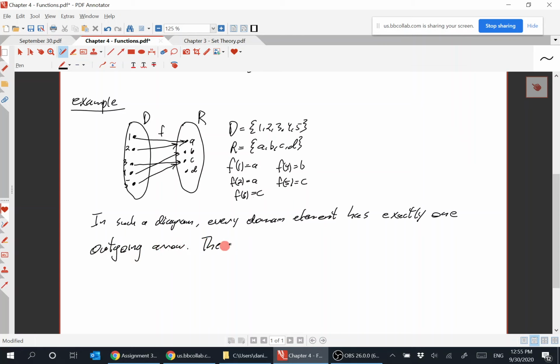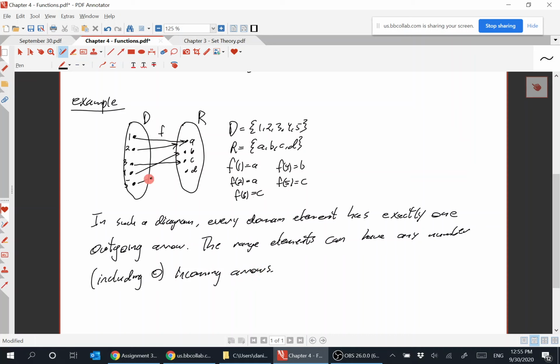The range elements can have any number or 0 incoming arrows. The range element that's assigned to the domain element is unique. There's only one outgoing arrow. But different domain elements can be given the same range element. That's not a problem.